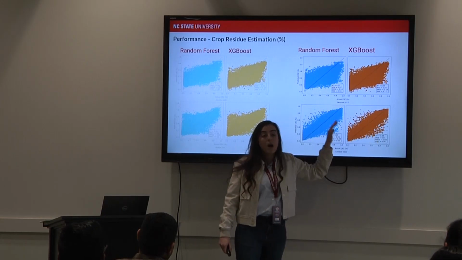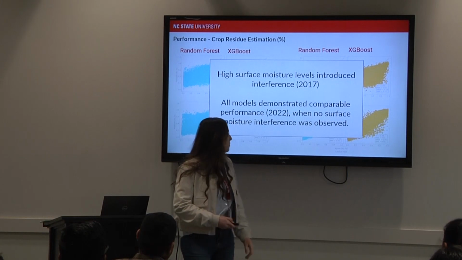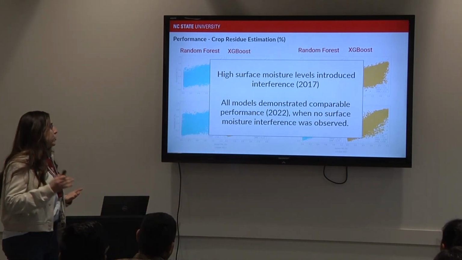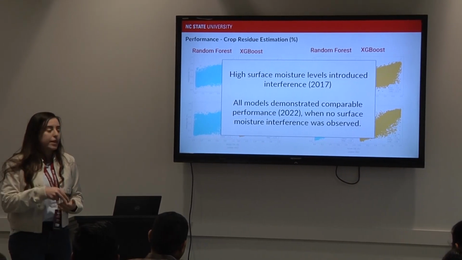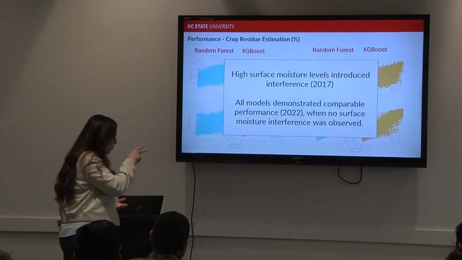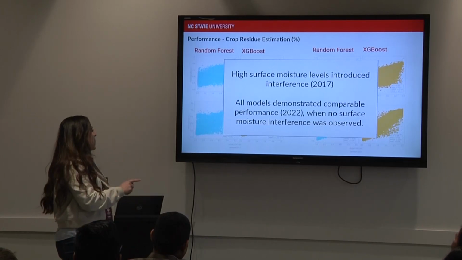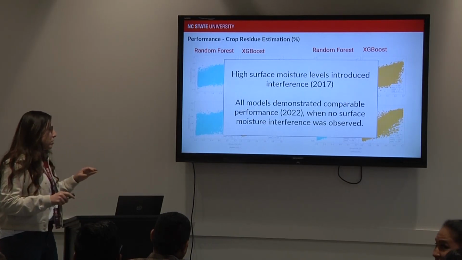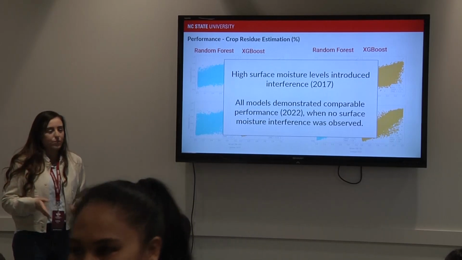So much better predictions, much better accuracy. High surface moisture levels introduce interference, as we can see in the year 2017, and our models demonstrated comparable performance in 2022 when no surface moisture interference was observed.